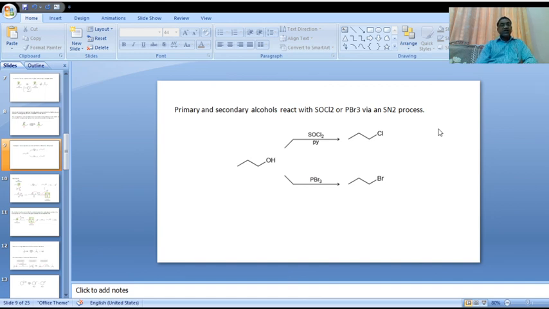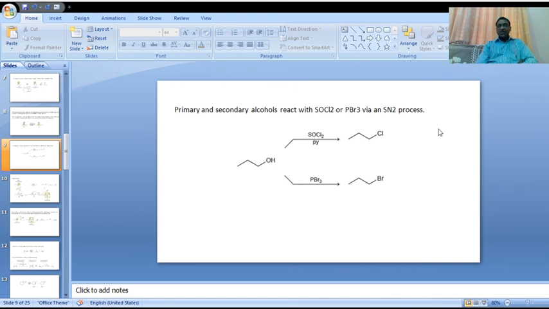Primary and secondary alcohols generally react with thionyl chloride in the presence of pyridine, or with phosphorus tribromide. These two reactions are very similar. What happened in these two reactions?